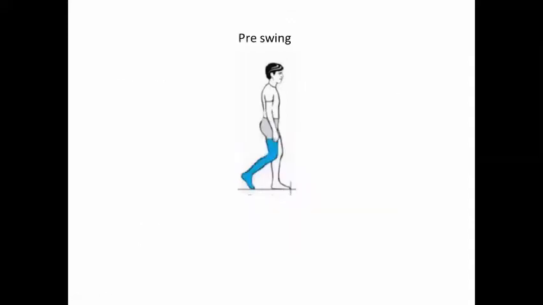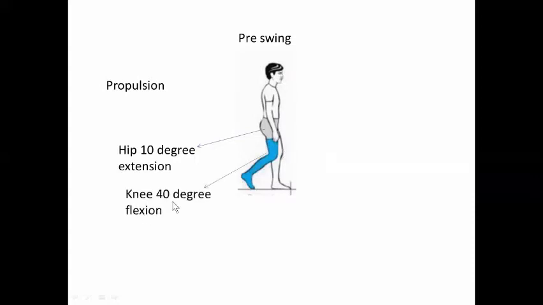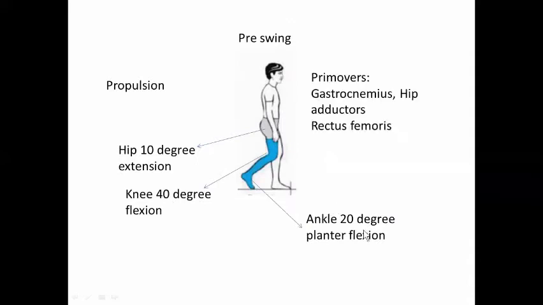Another phase is pre-swing. In this, it also requires propulsion as the limb is going to advance. The hip will be in 10-degree extension in this phase, and the knee will be in 40-degree flexion, along with the ankle in 20-degree plantar flexion.